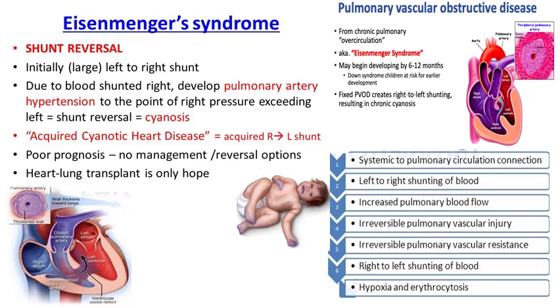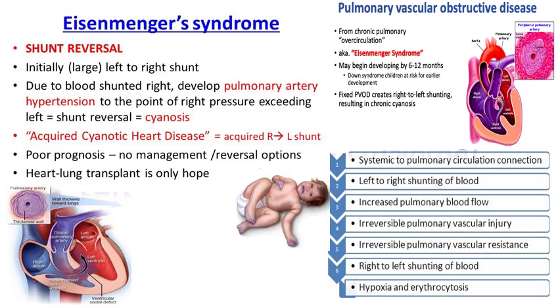That will cause cyanosis, bluing of the extremities, because of the less oxygenated blood being circulated, which is usually seen in Down syndrome, and this is more so seen at about 6 months.